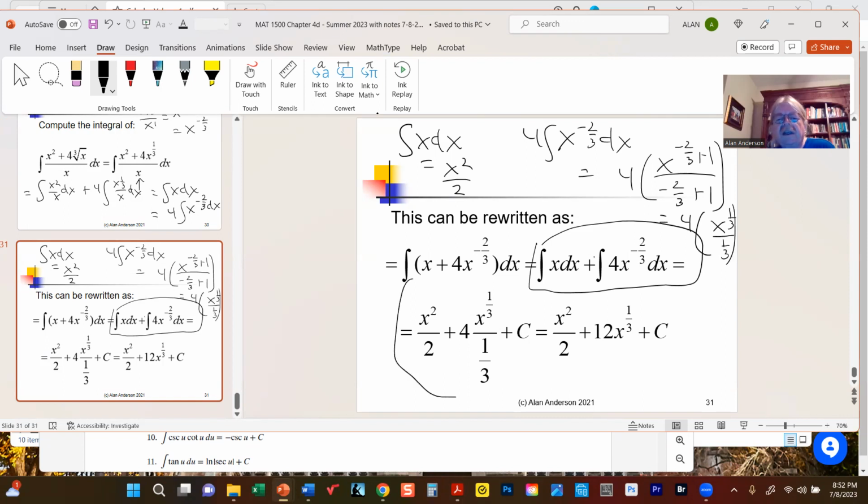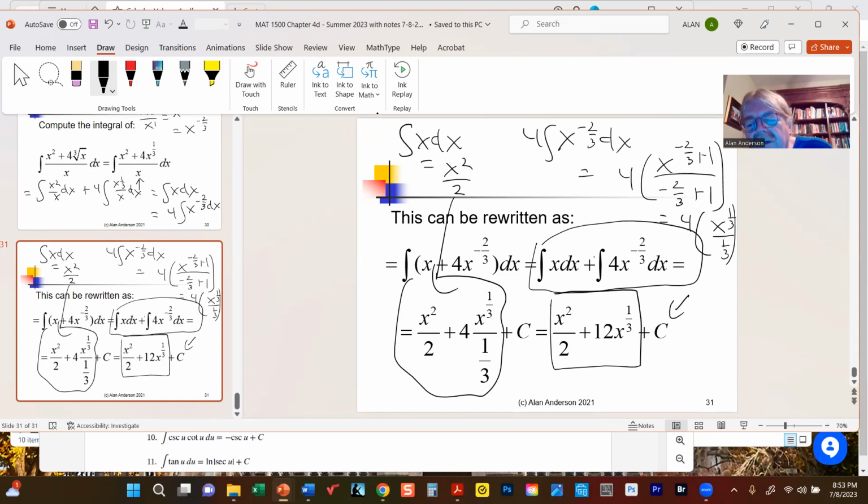Okay, and that's what you're seeing here. Dividing by 1/3 is the same as multiplying by 3. So you actually have x squared over 2 plus 12x to the 1/3, and then there's your c at the end. This is the result of the 2 individual integrals, and then at the end we can add the c.